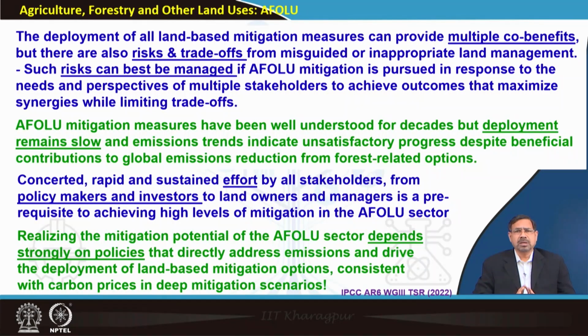So, three things became very clear as far as the salient features are concerned. One is the agriculture, forestry and land use sector. If we properly manage our land, then we can realize a potential of up to 33% in terms of mitigating climate change.